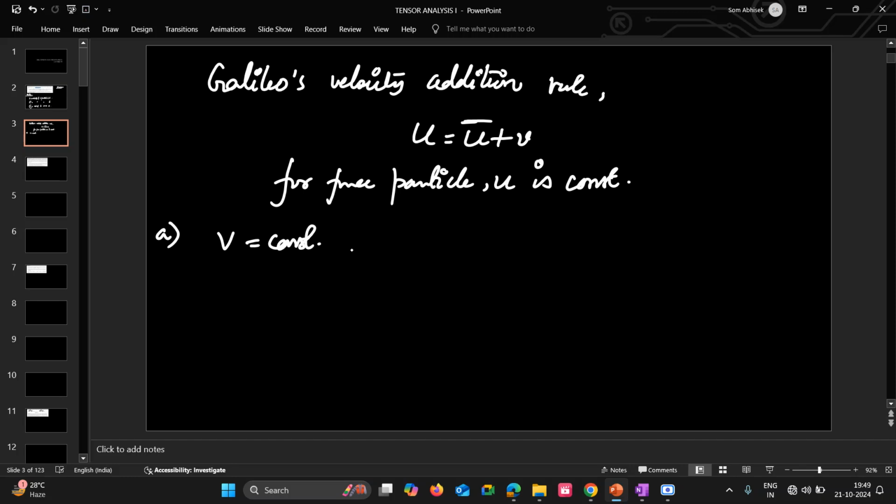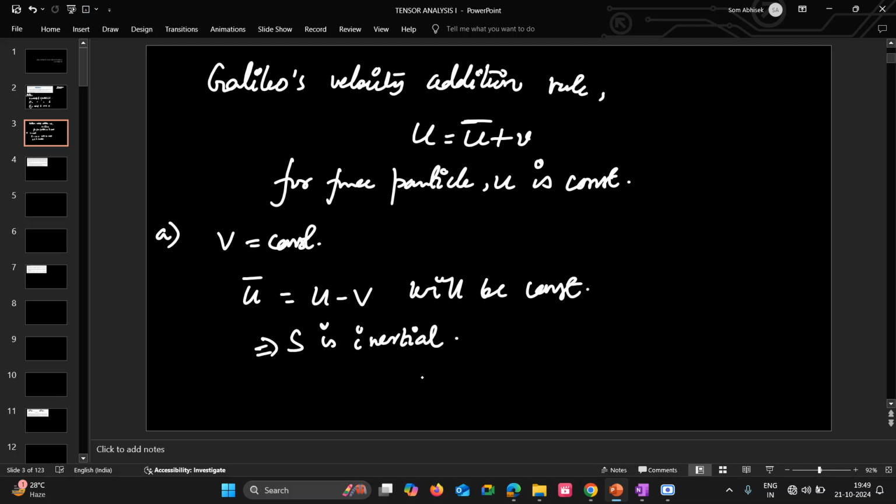So if v is constant, then your u bar, that is u minus v, will also be constant, right? So u bar will be constant, or you can say u will also be constant. Hence S will be your inertial frame.